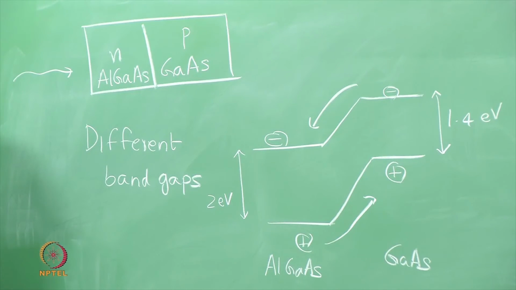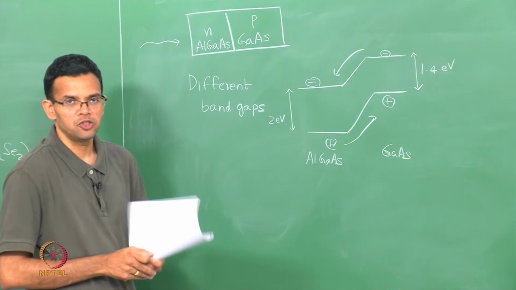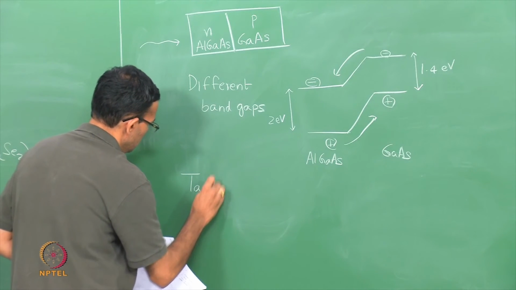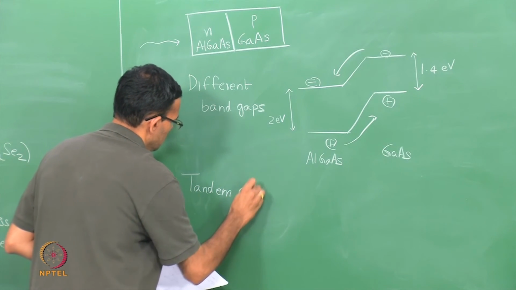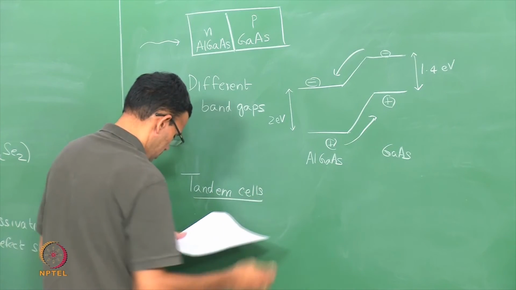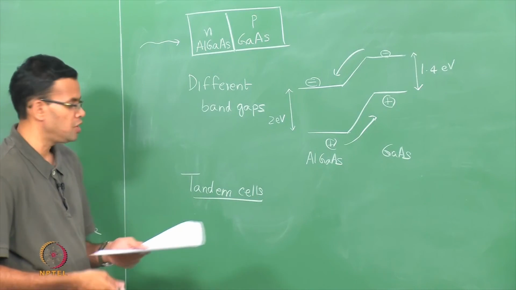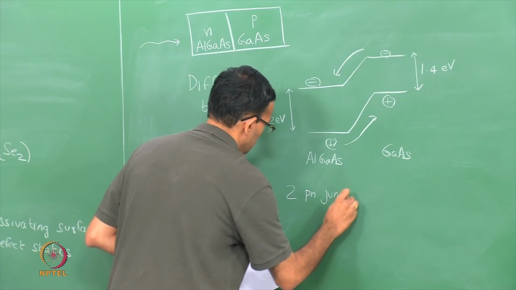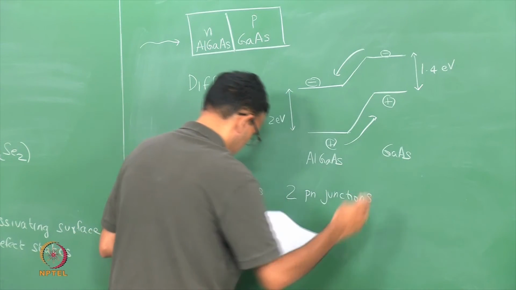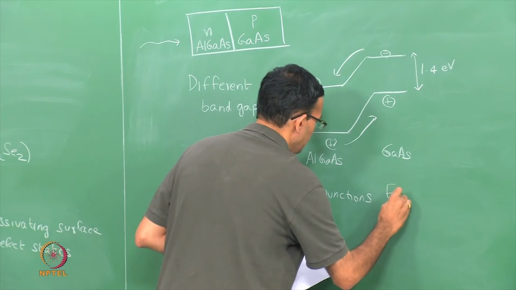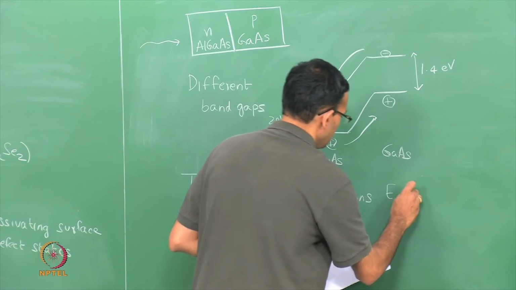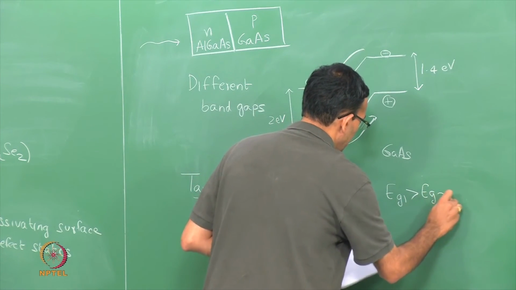You can also have solar cells that are in tandem, which means you have one solar cell on top of the other. So, you have two p-n junctions and you choose your material in such a way that the band gap of the first material is greater than the band gap of the second.